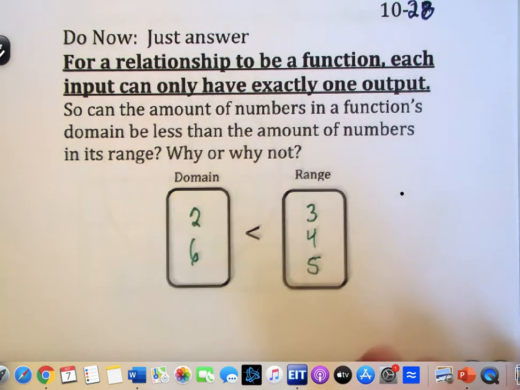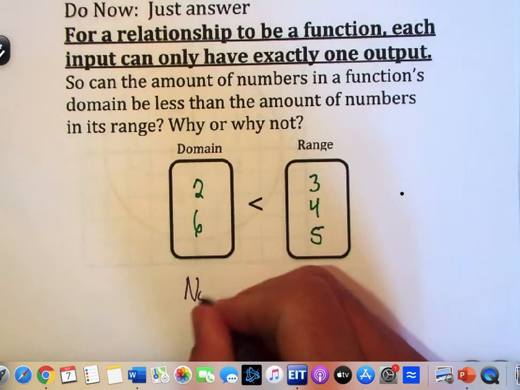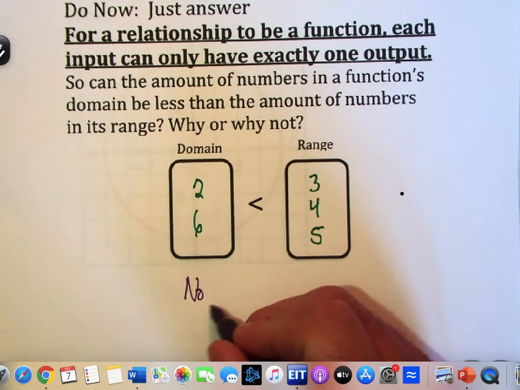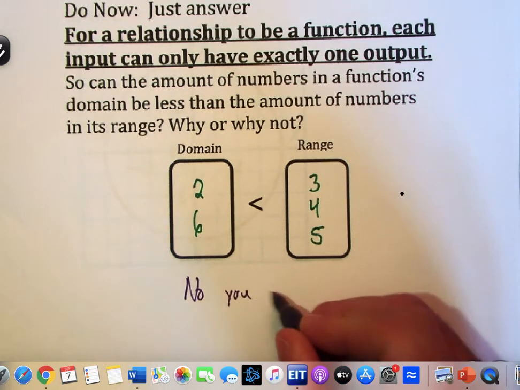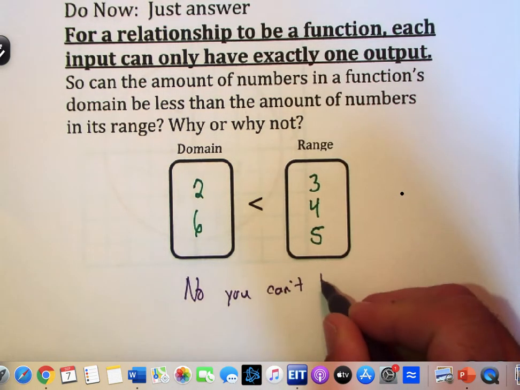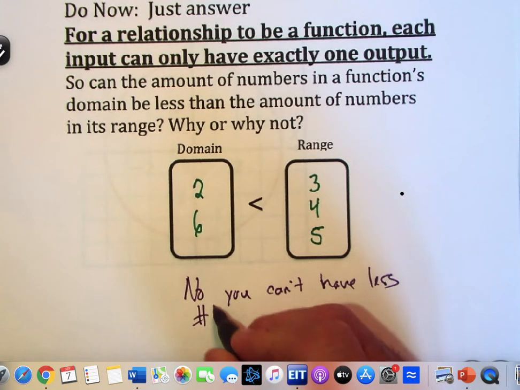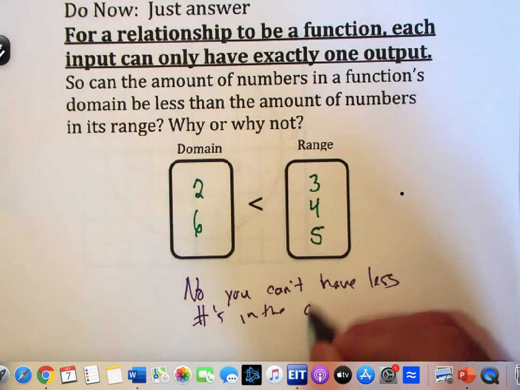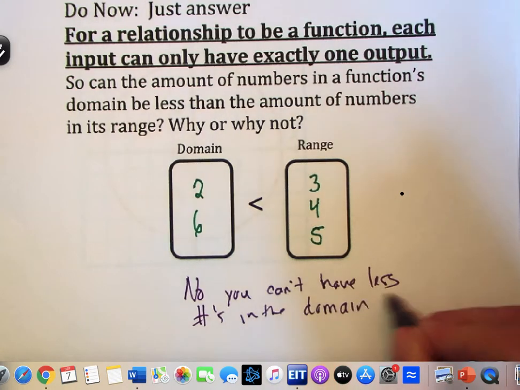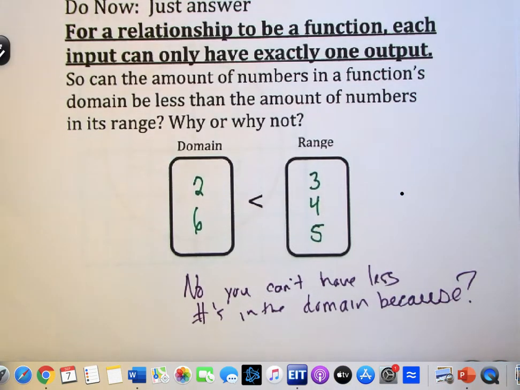And I would say, I think the answer is no, right? You can't have less numbers in the domain because, well, what would you say? Why can't you? That's a great example.